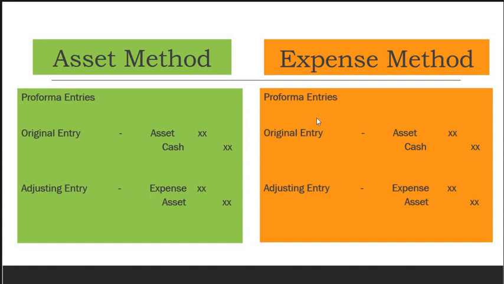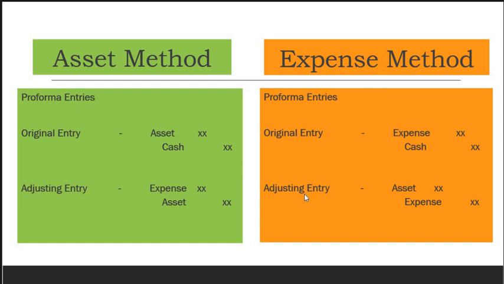Tapos, pag expense method naman, so again, I made some corrections here. Pag expense method naman, ganito yung sitwasyon. Nung original transaction, ang entry mo ay, instead of debiting asset account, nag-debit ka ng expense account. So, sa example natin, yung prepaid rent na ni-record mo dun sa asset method, kapag expense method ang ginamit mo, ang i-debit mo ay rent expense. So, kaya expense method ang tawag kasi your debit is an expense account.